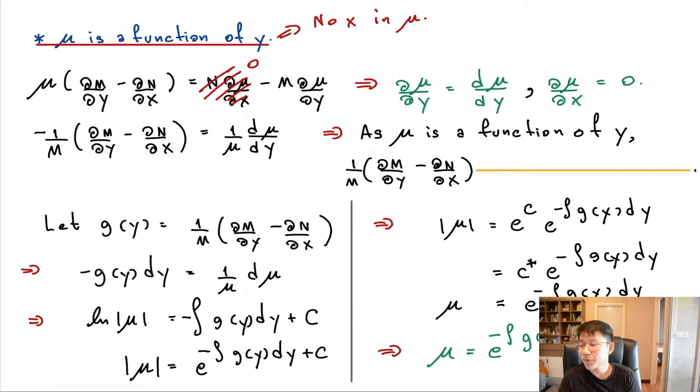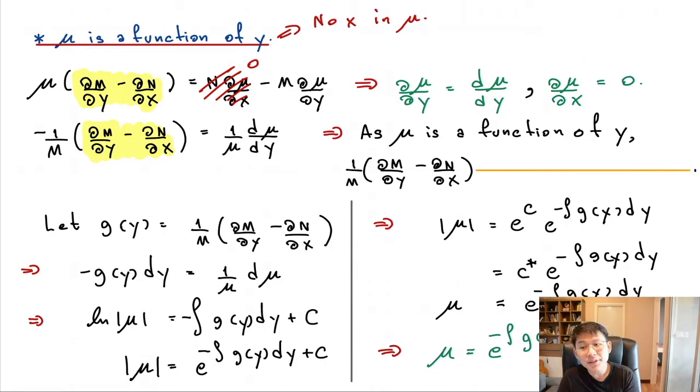Okay, so here is the same. This remains the same here. I just move this mu here and I move this minus m here. Okay, and the same guy is the same as in the x case.